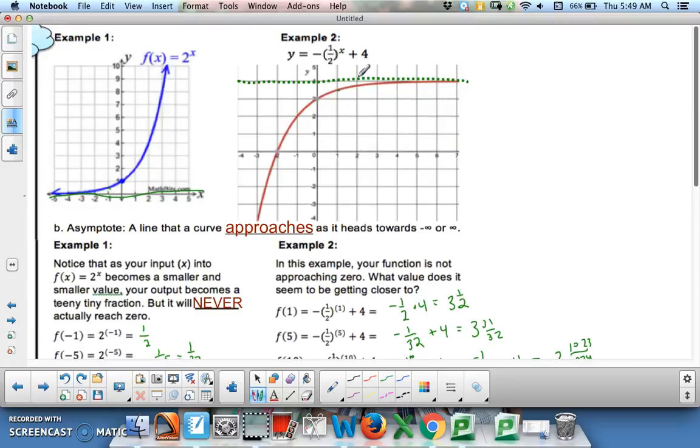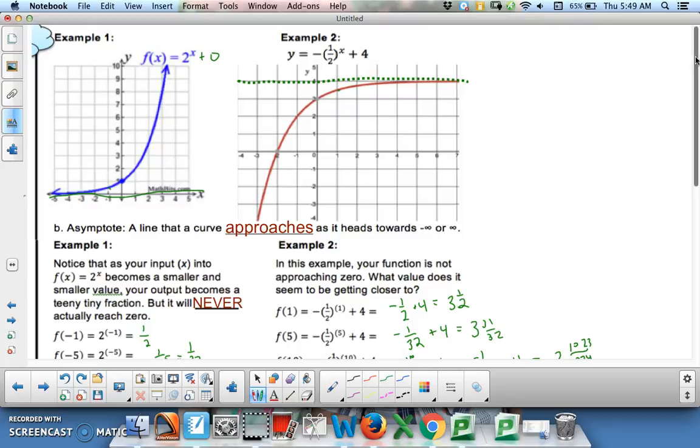It just added 4 to it. So it brought it up 4. If I had subtracted 4, then it would have brought it down 4, and I would have been approaching -4 as my asymptote. So you can look at the equation, if you're given an equation, and really quickly tell what that asymptote is. This doesn't have anything added, okay? So my asymptote is y equals 0. This one has 4 added, so my asymptote is y equals 4.